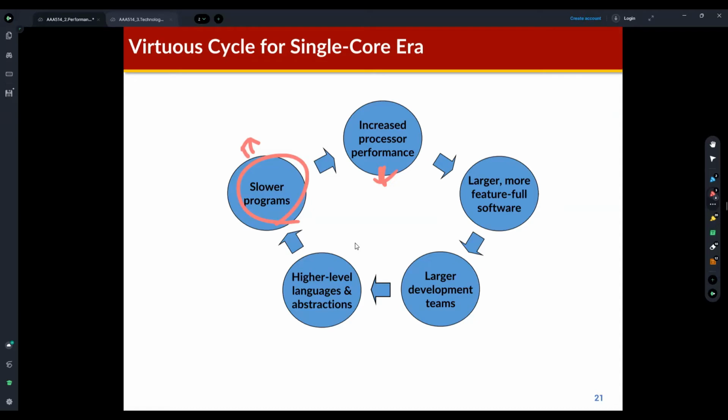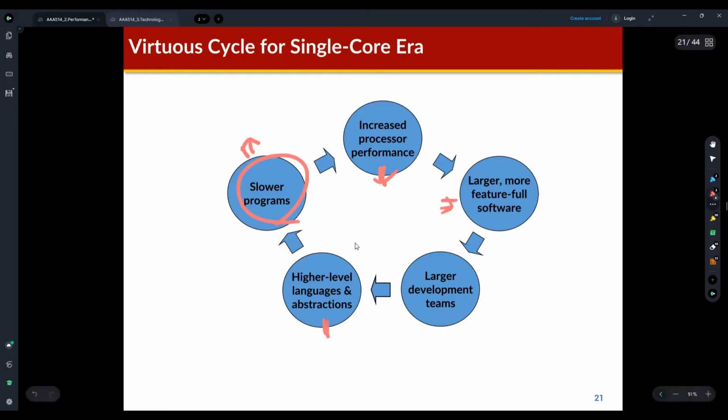So if the computer becomes faster, software developers make large applications so they can use this fast machine. The applications also get more complicated, more complex, and heavier. Also, as the hardware is so good, these large applications are developed by large development teams.